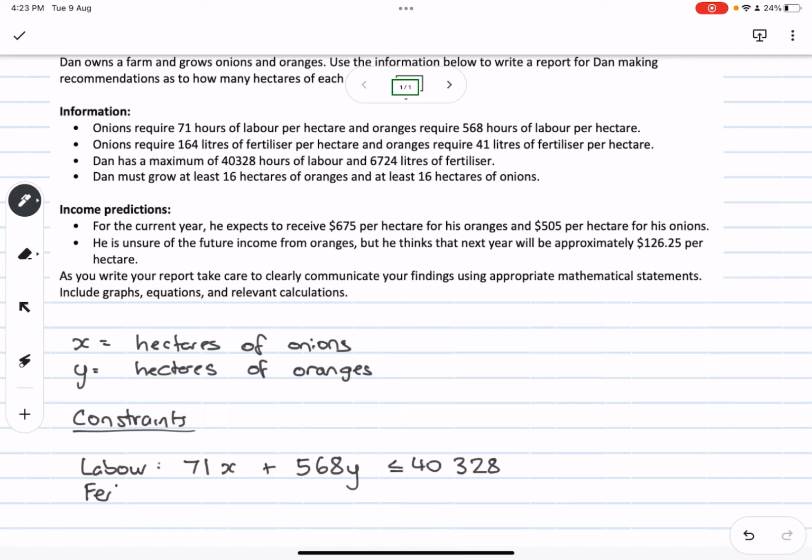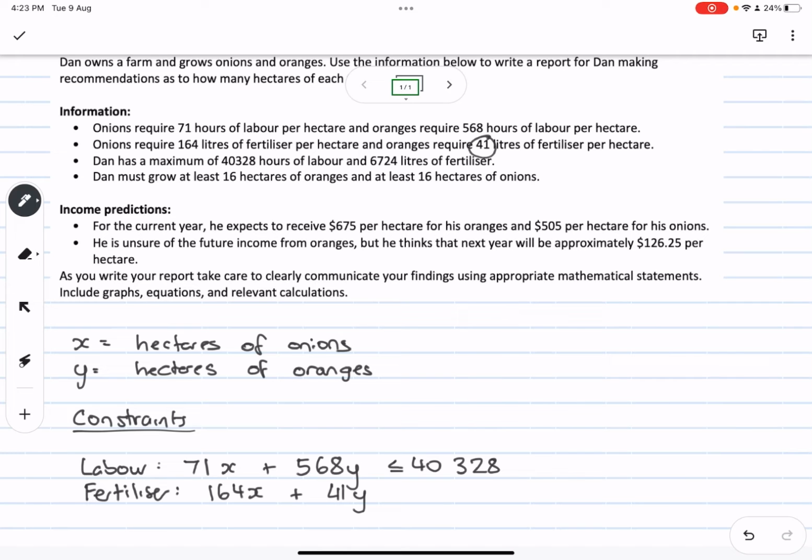Now, we also have fertiliser. We need 164 for every hectare of onion, and we need 41 for each hectare of oranges.